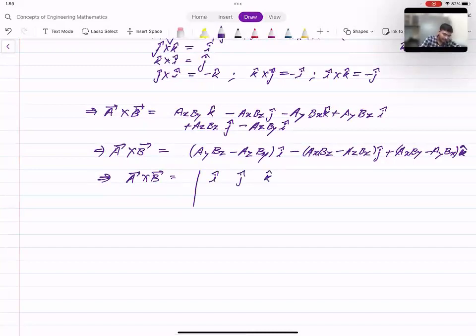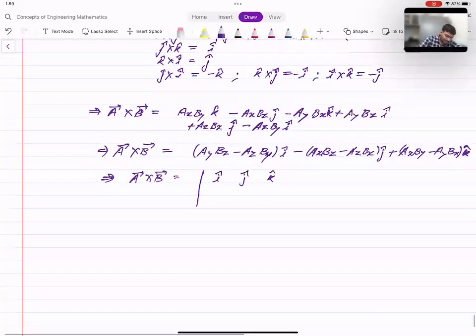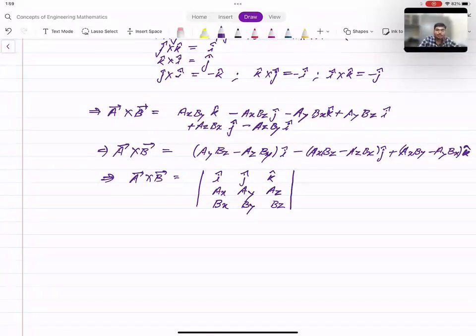While reversing, say this was the initial row which we took. If you observe closely, these factors will form the cofactors like this, so this is bx, by and bz. If we take for suppose i cap, then i cap is kept as it is, and here the cofactor power we will have minus 1 to power 1 plus 1, which will be 1 only.